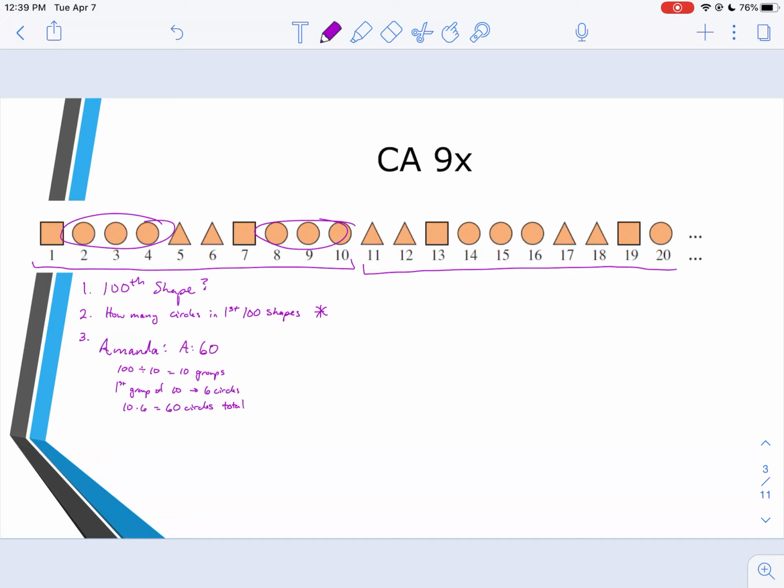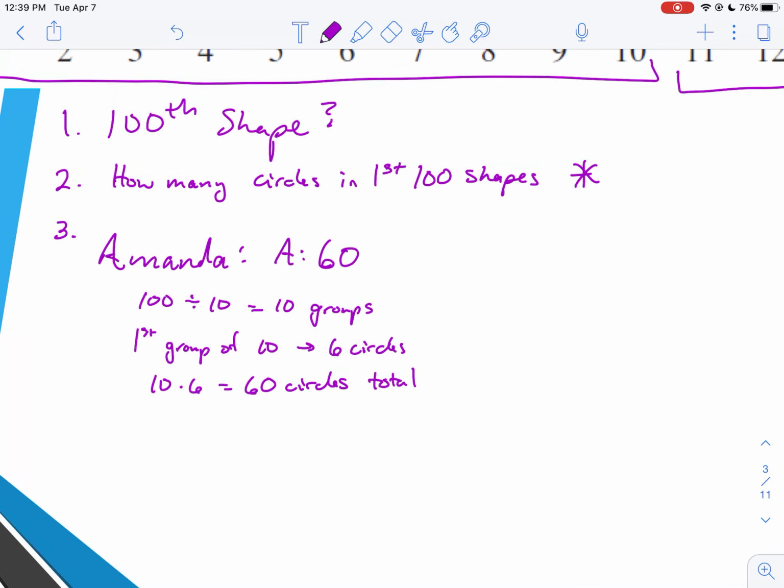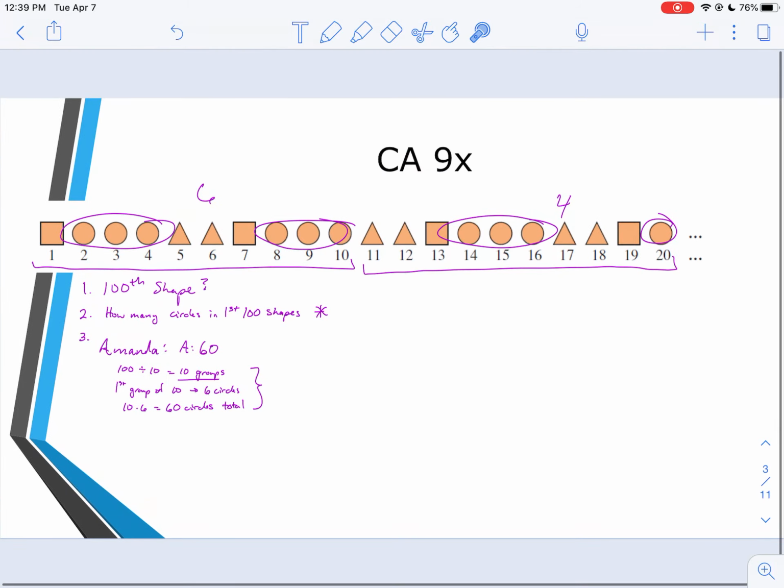Well, let's take a look at the next group of 10, 11 to 20. Notice here we only have 4 circles instead of 6. So that's going to throw her answer off. I'm not even sure right now what the answer is, but we can see her reasoning is good as far as there are 10 groups, and there are 6 circles in the first group of 10.